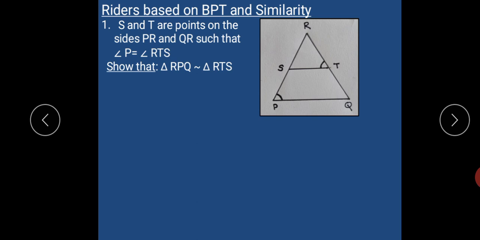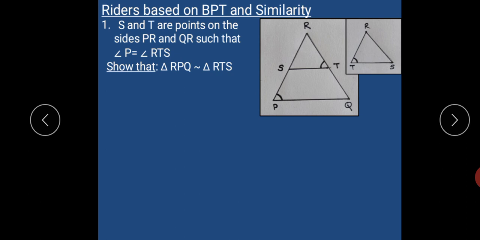See how the correspondence goes. When we say RPQ, it is not RST but RTS, because angle P is equal to angle RTS. We'll see the figure. I have turned the triangle, left hand side to right hand side and right hand side to the left hand side, and the triangle is RTS. Now it is very clear. It's a very simple rider.